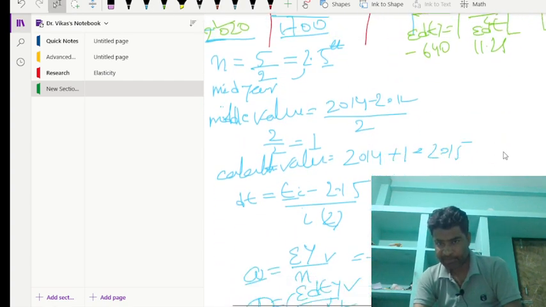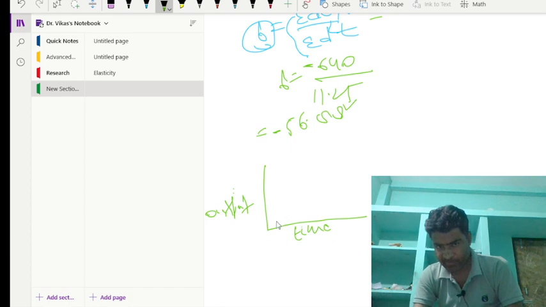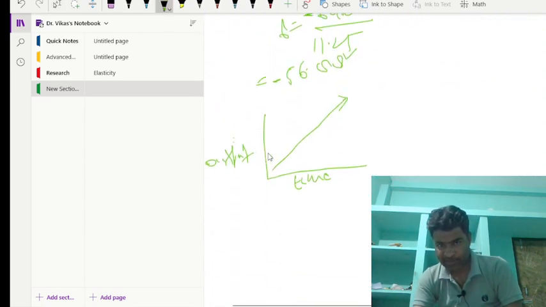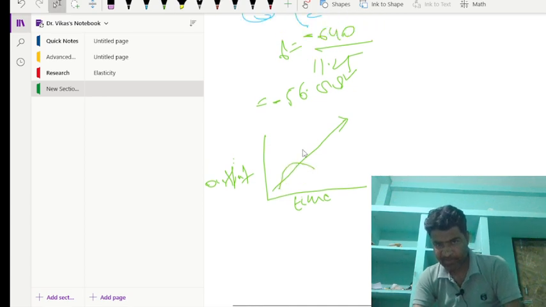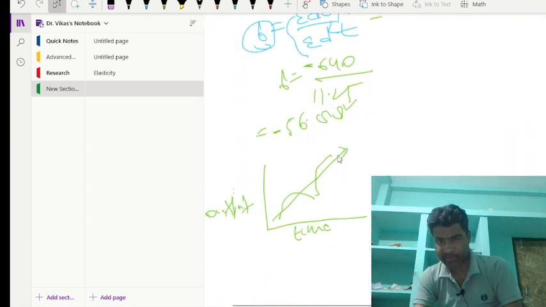So if we draw the graph of this trend output, time and output, we will get this type of graph moving upward, and in the actual output we will get some fluctuation, because first the output is rising, then the output is falling, then the output is rising again.